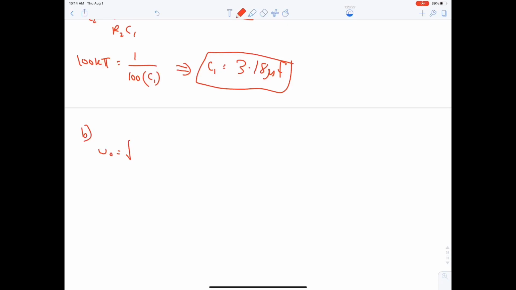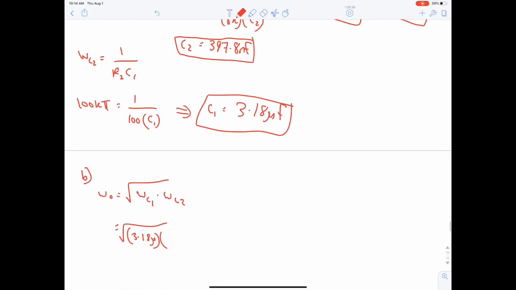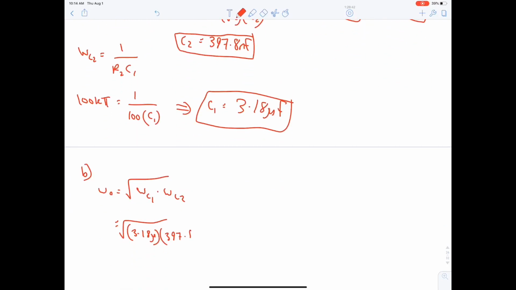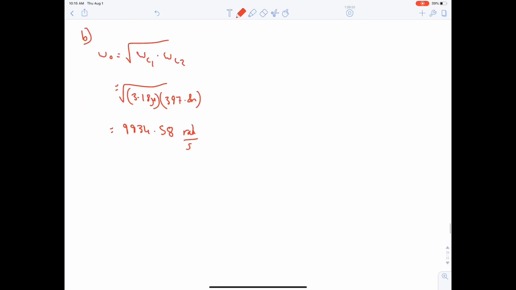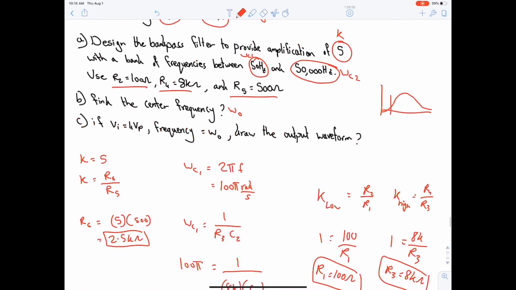We know that omega naught is the square root of omega C1 multiplied by omega C2. 3.18 micro multiplied by 397.8 nano, and this will give us 9934.58 rad per second.